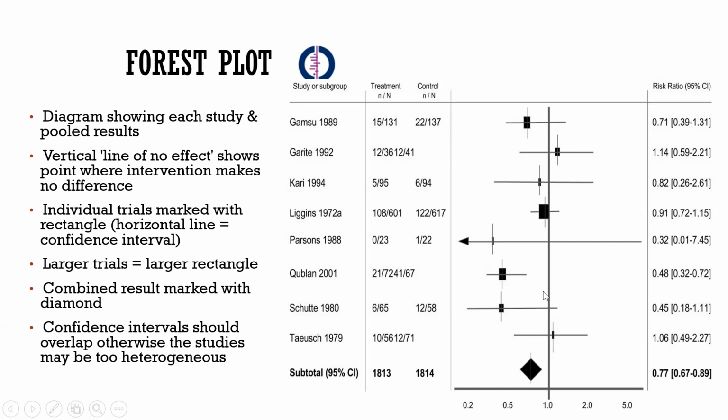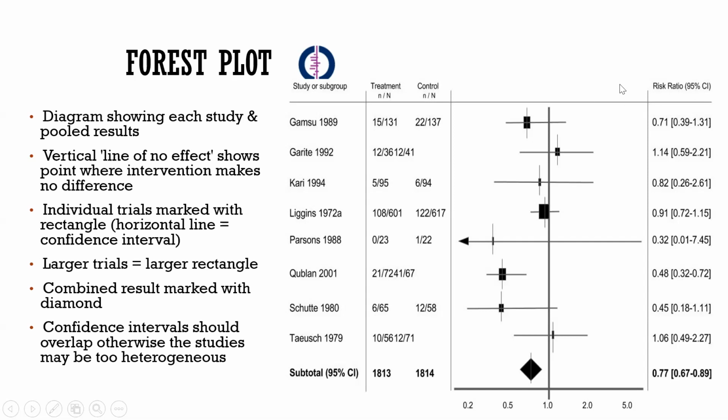You learned how to read a forest plot, right? We can go into it. The forest plot is a visual representation of the meta-analysis data, the results. Here you can see each study that was looked at, the population size, the people in the treatment group, the people in the control, and the risk ratio that they found.